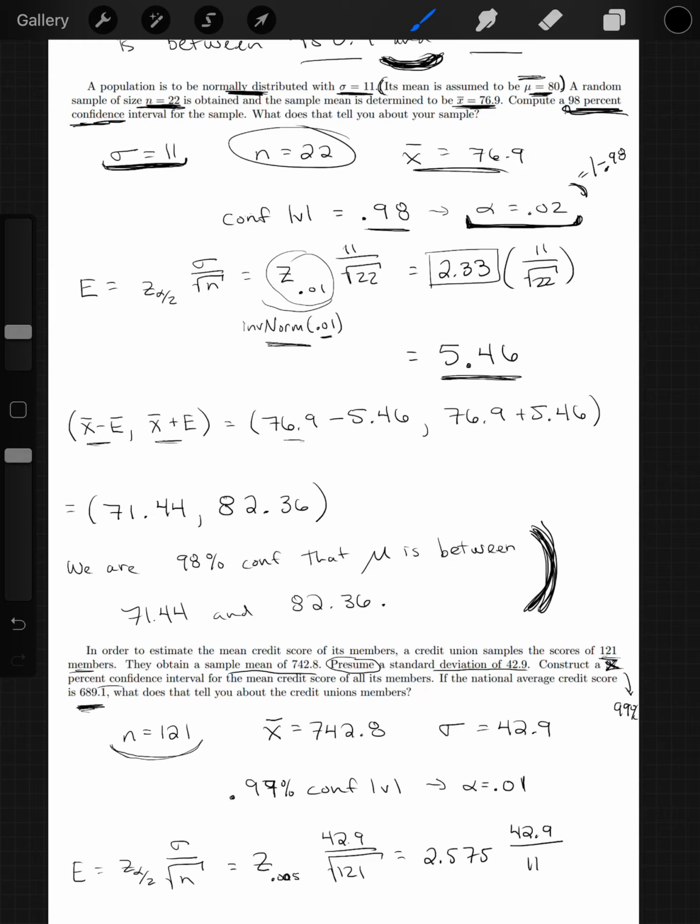So we take our x bar and we subtract e, we take our x bar and we add e, and I threw it in my calculator to get that guy. So what this tells us is that we are 98% confident that mu, the population average, is somewhere between 71.44 and 82.36. We don't know where in between there, but it's somewhere in between there. Right?